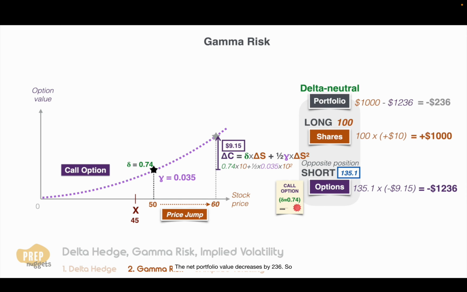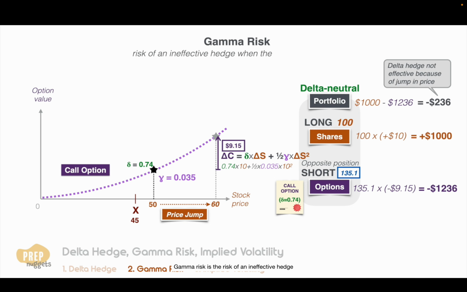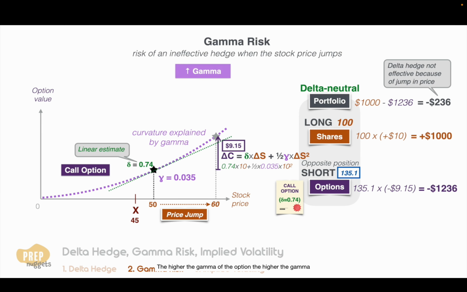The net portfolio value decreases by $236, so the delta hedge was not that effective because of the jump in price. Gamma risk is the risk of an ineffective hedge when the stock price jumps. This is because delta is a linear estimate, whereas the actual relationship is a curve, where the curvature is explained by gamma. The higher the gamma of the option, the higher the gamma risk.